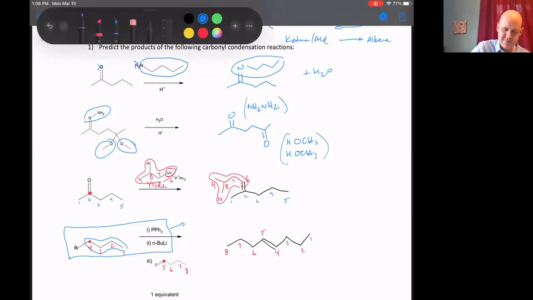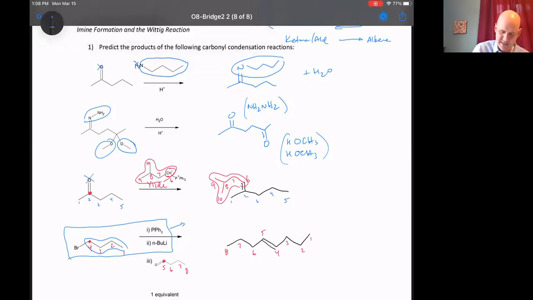So once again, much like the above reactions, I've kicked off my oxygen, and replaced it with a brand new carbon-carbon double bond here to this isobutyl group, and here to just 4 carbons in a row. So that's the ylid reaction, or sorry, the Wittig reaction.